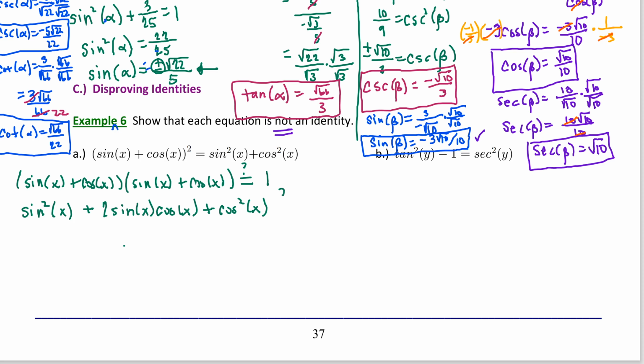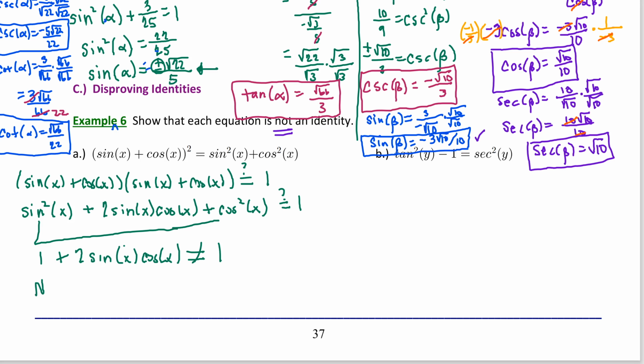And remember, we're testing to see if the left side can be simplified to give us 1. Now, do notice we have the sum sine squared of x plus cosine squared of x. So we can replace those two terms with its equivalent of 1, but we still have this term, 2 sine of x cosine of x. We can see that because there is an extra term on the left side, this is not equal to 1.